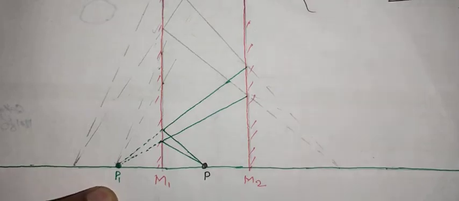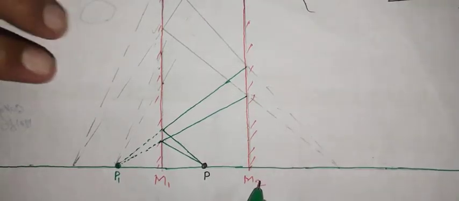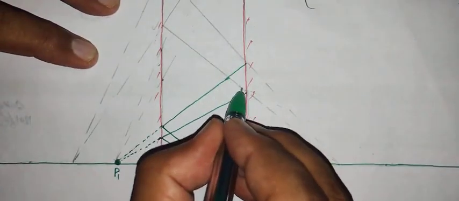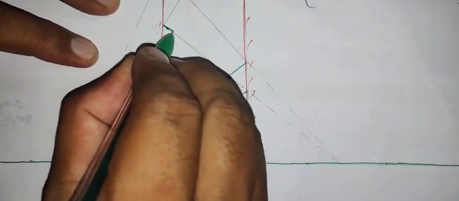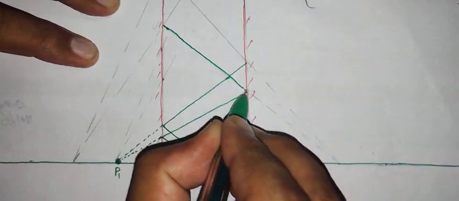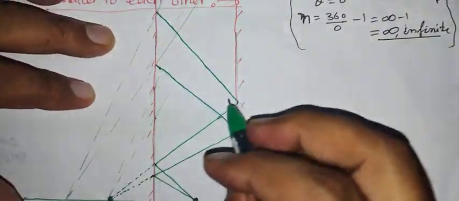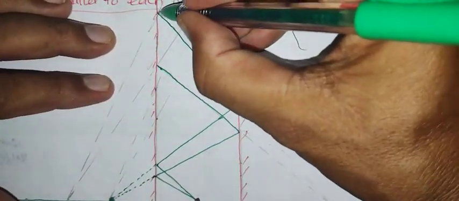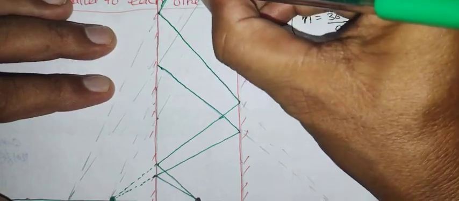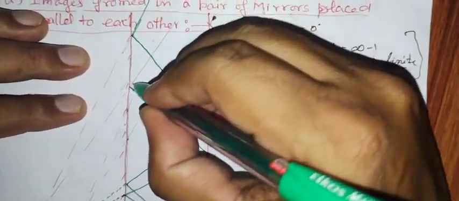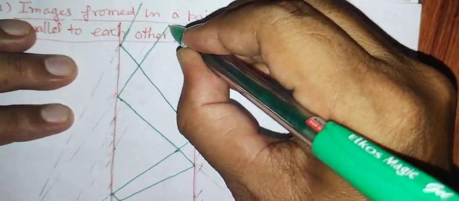Again, after multiple reflection from this point, both rays will come here, and after again the reflection, it will go in this direction.